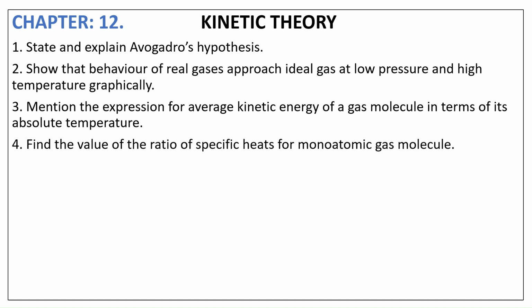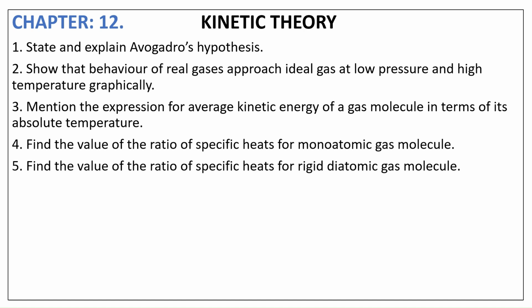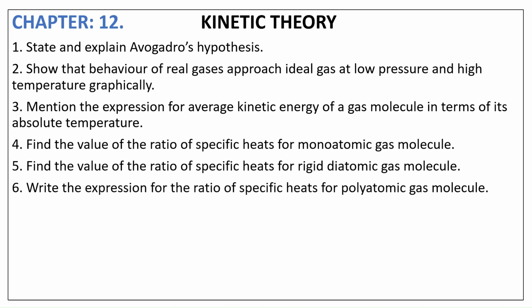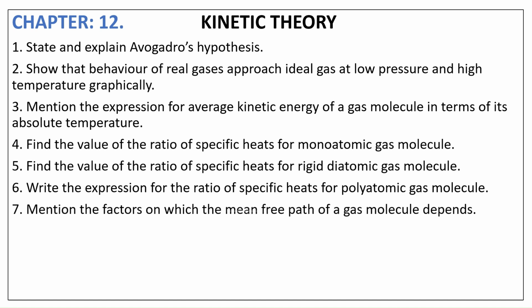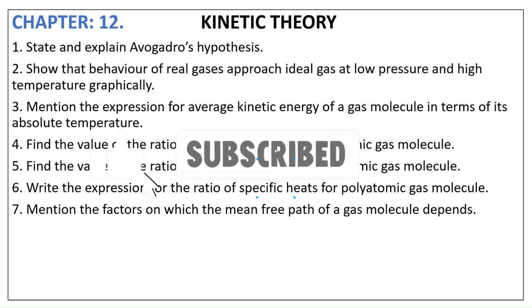Find the value of the ratio of specific heats for monoatomic gas molecule. 5. Find the value of the ratio of specific heats for rigid diatomic gas molecule. 6. Write the expression for the ratio of specific heats for polyatomic gas molecule. 7. Mention the factors on which the mean free path of a gas molecule depends.